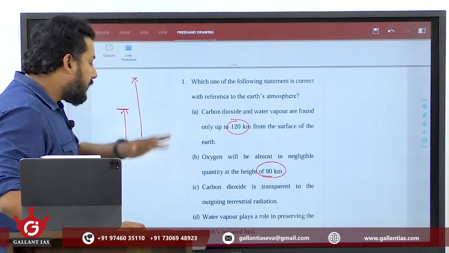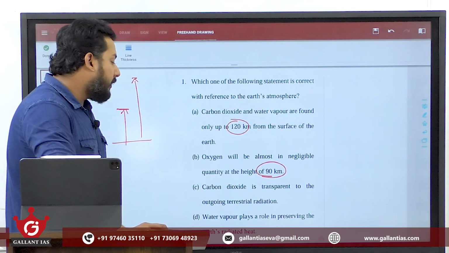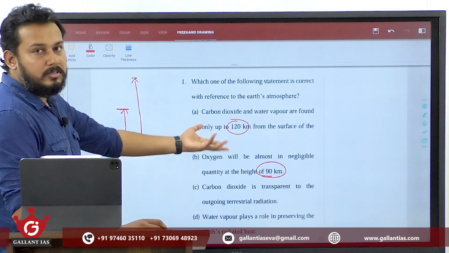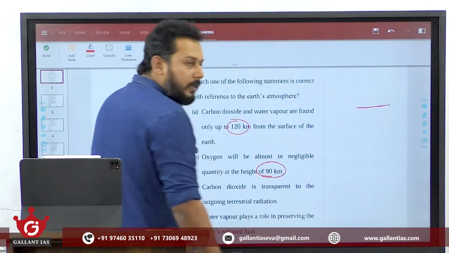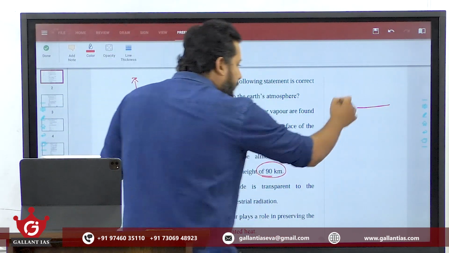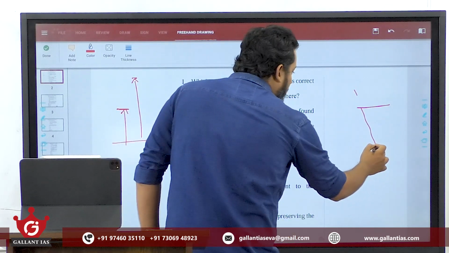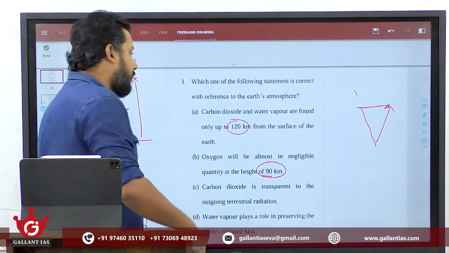Okay. If you look at the third statement, carbon dioxide is transparent to the outgoing terrestrial radiation. No, that's a wrong statement. We know that carbon dioxide acts as a greenhouse gas. It is transparent to the incoming radiation and it is opaque to the outgoing radiation.